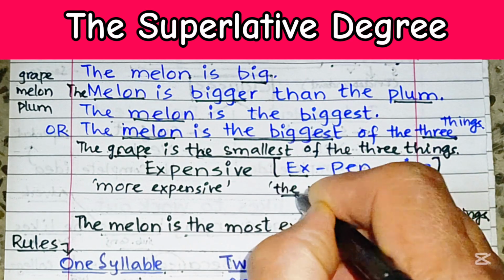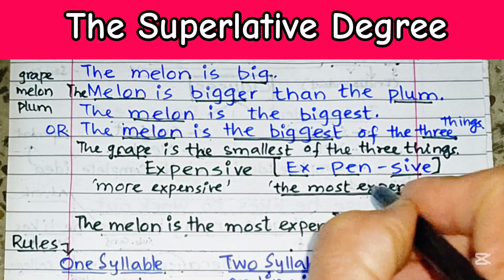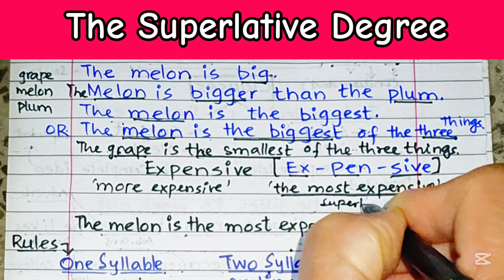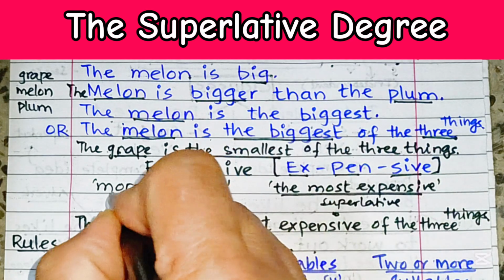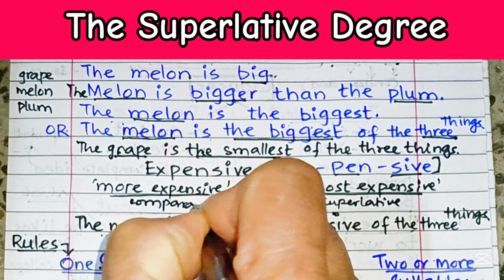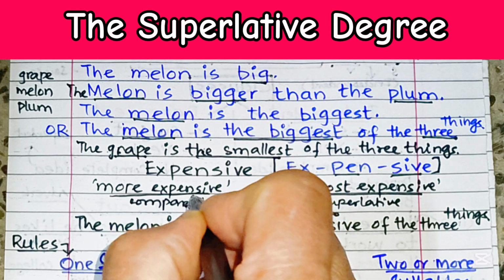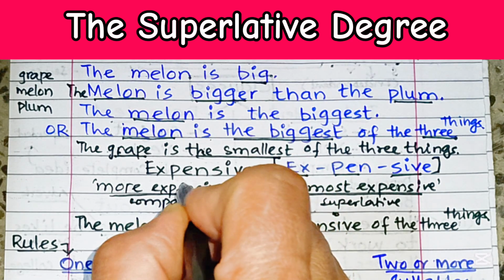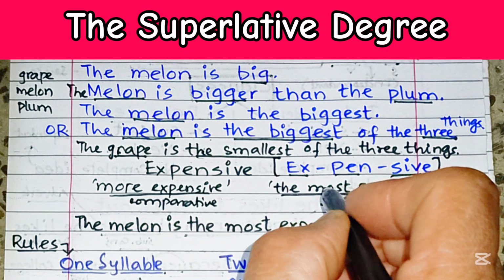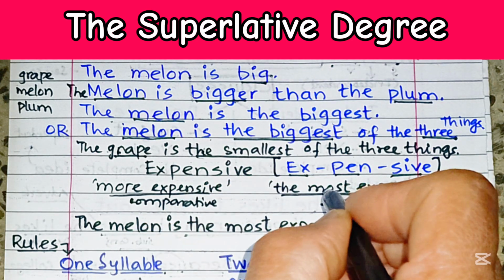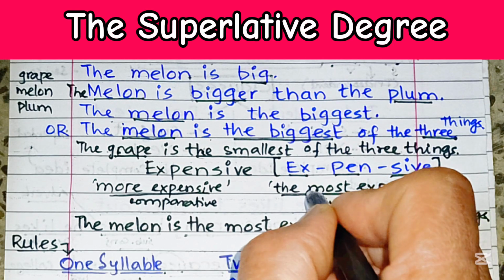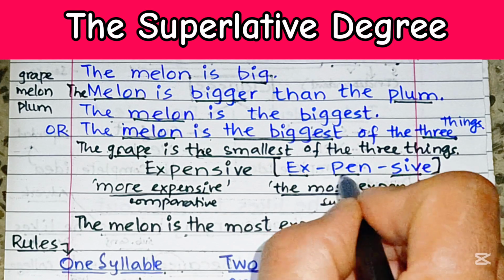This is used for describing nouns, and this degree is called superlative, whereas this was for comparisons and we call it the comparative degree of adjective, used for comparing two nouns, whereas this is used for more than two nouns. Once we want to describe three nouns or more, we use the most expensive.